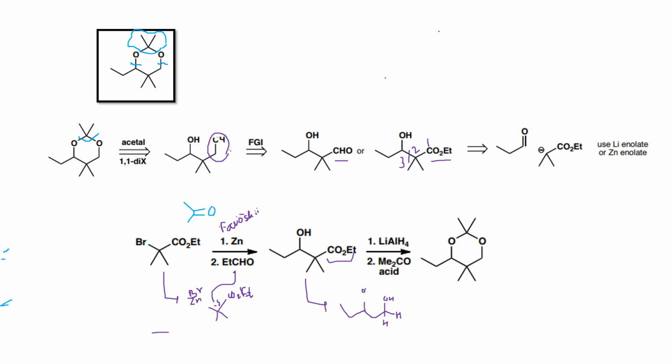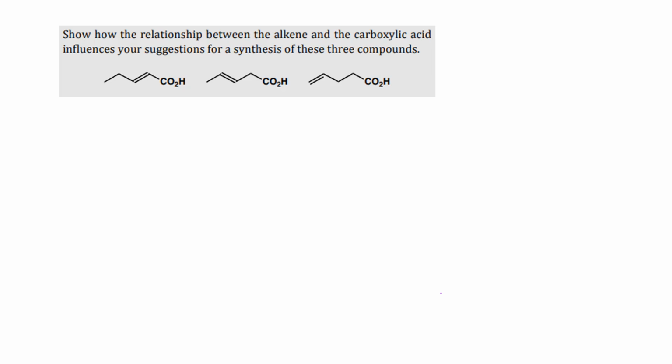After that, if you add acetone and a small amount of acid, this 2 OH will be protected through acetone and give us our target molecule. Understood? Let's go to our next question.